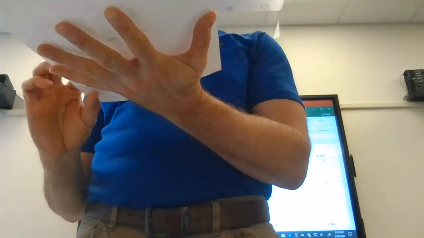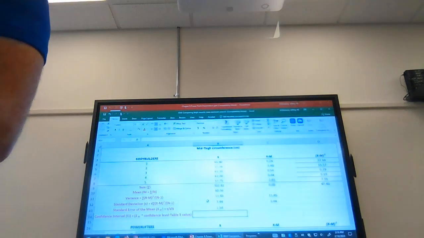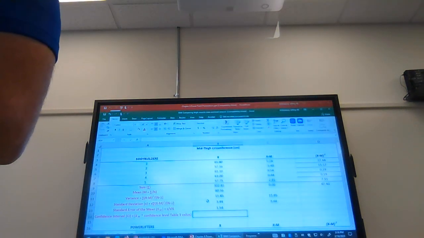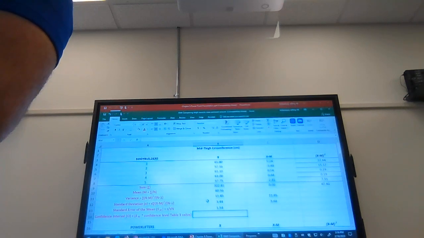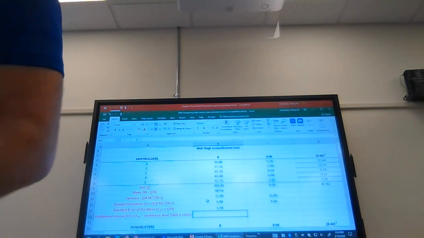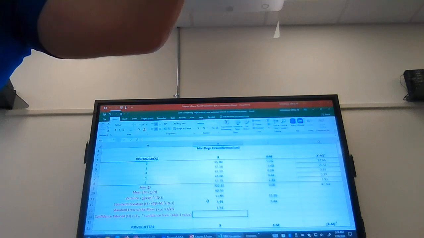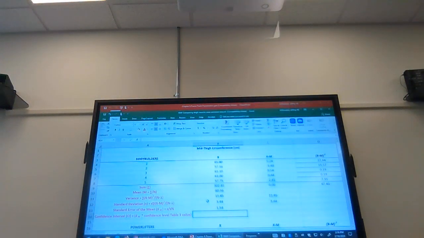Yeah, 0.01, so you'd keep going over to the 0.01 column, and that's a lot higher value, right? In that case, when we get our confidence interval, we can say we're 99% certain that our population mean is within this confidence interval. Okay, so let's continue, and then it'll start to come together.